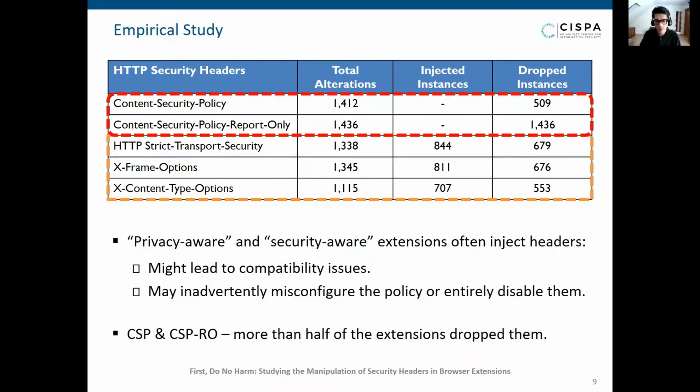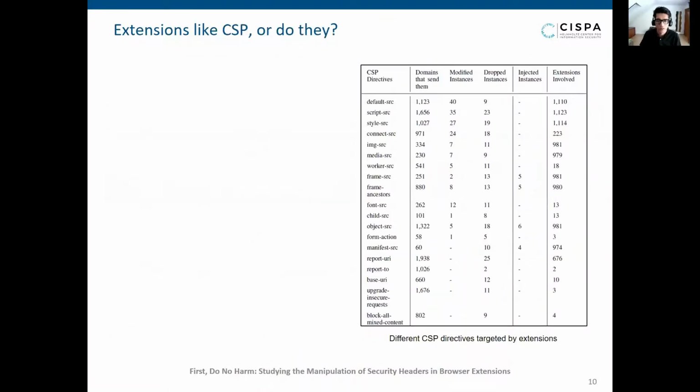Given that apart from the content restriction, CSP is also widely deployed for other client-side security purposes, such as TLS enforcement and framing restrictions, we perform an extended analysis on the nature of modifications among different directives within the CSP. Here, a dropped instance refers to the situation where an extension dropped the directive on a domain within the CSP and not the header entirely. And similar is the case of modified and injected instances of directives.